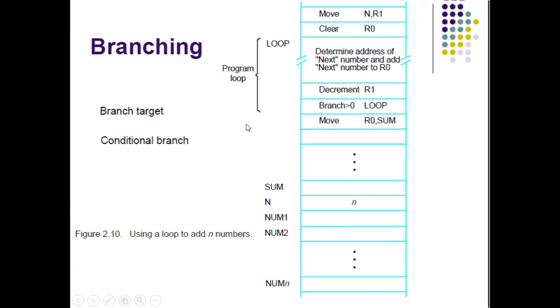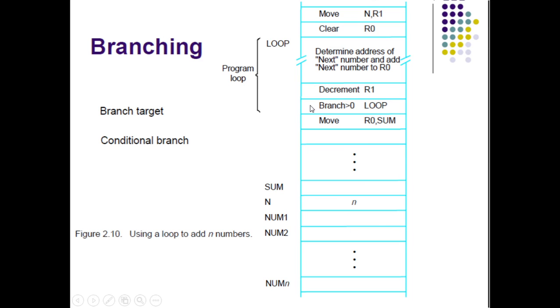So while executing this loop body, after decrementing this R1 value and performing the condition checking, the branch condition is true only when the decremented R1 value is still greater than 0.